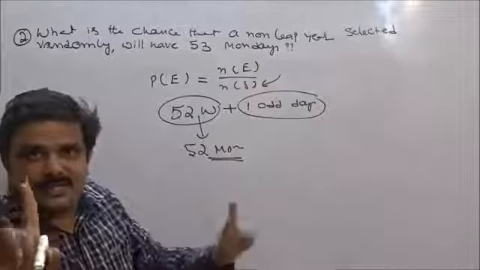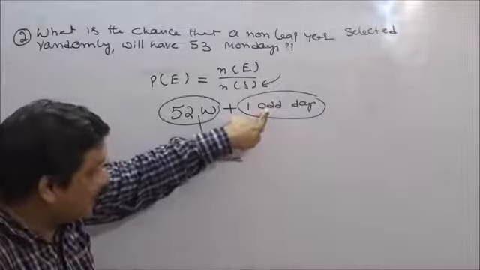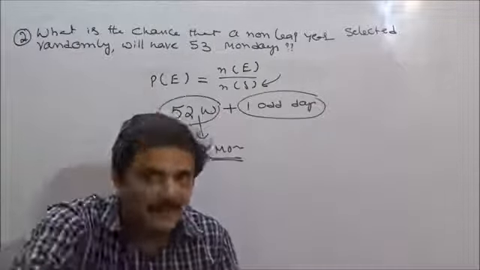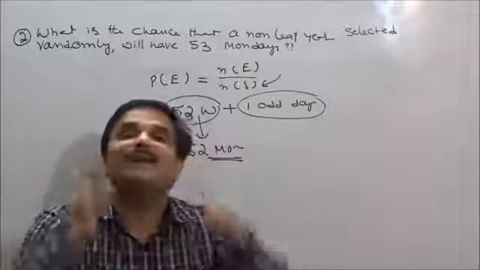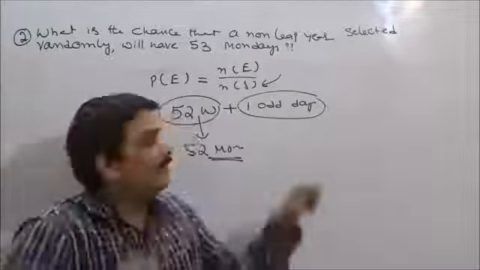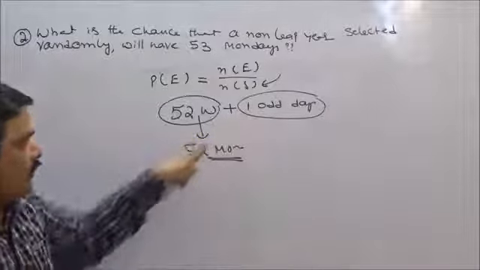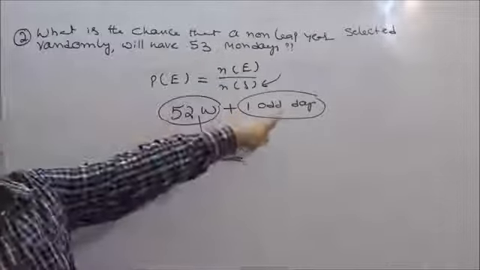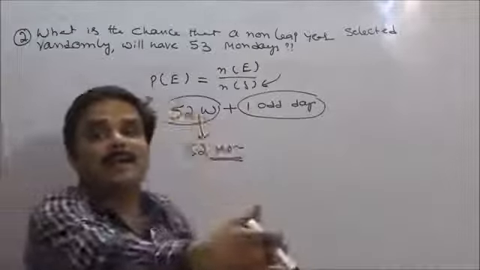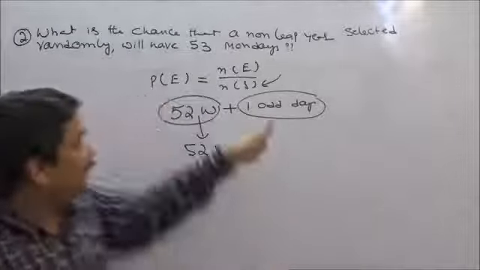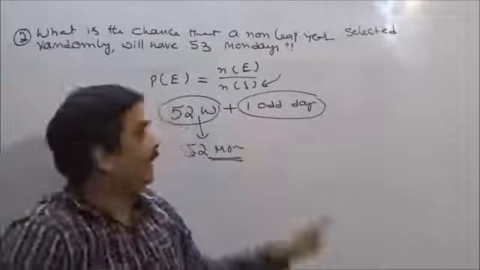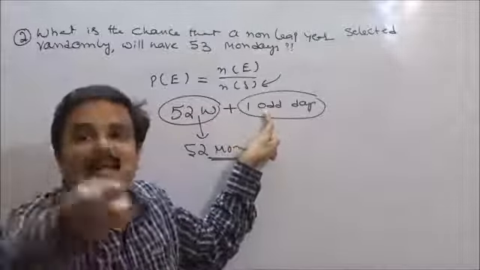Now the question is, this day happening to be Monday, what is the probability for that one? Got the clarity? Because already 52 Mondays are there, because a normal year has 52 weeks plus 1 odd day. The 53rd Monday, where can I get that 53rd Monday in terms of this day? Now the question is, what is the probability that this day can be Monday, right?